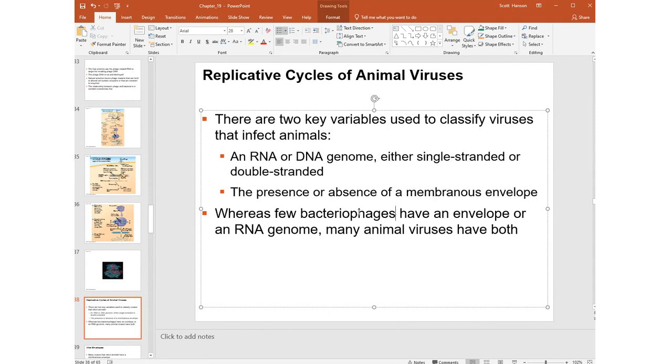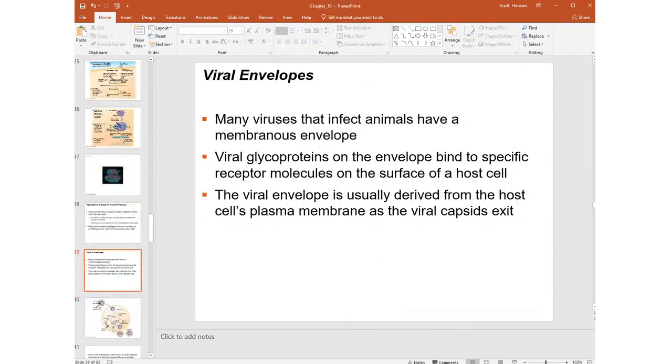of the virus. So whereas a few bacteriophages have an envelope or an RNA genome, many animal viruses have both, as we'll see in a minute, and over the course of the next few slides that we'll look at in this chapter and in this lecture.